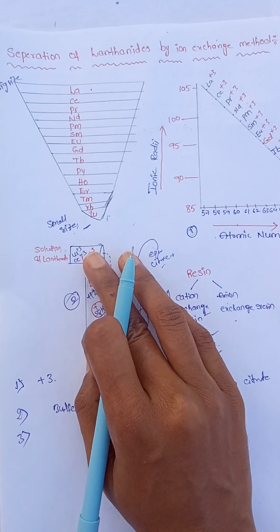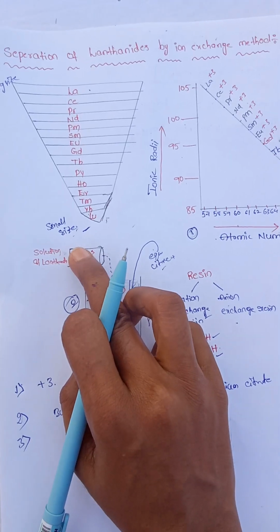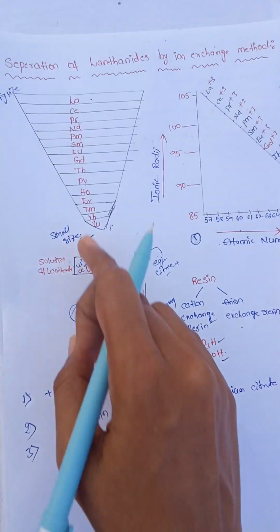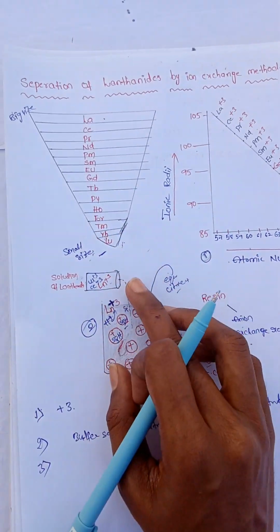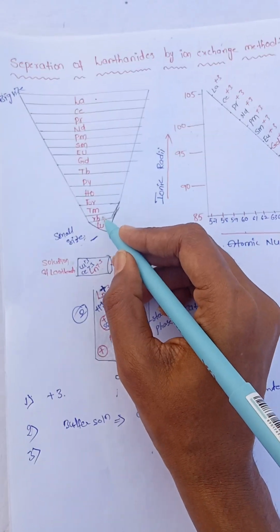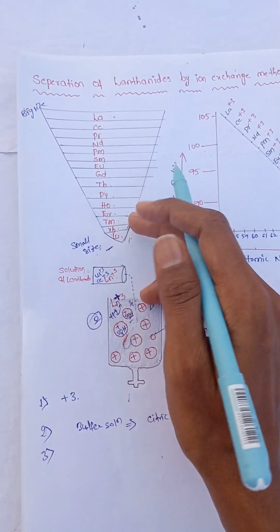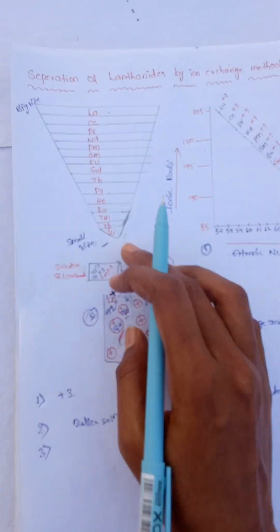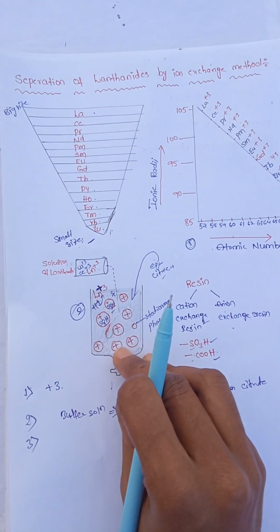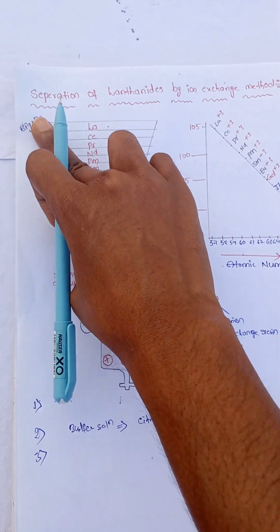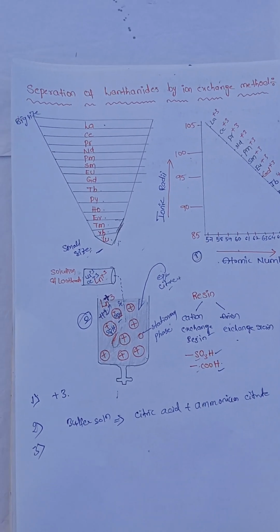By the correct choice of conditions, lutetium emerges first from the column, followed by the cations ytterbium, erbium, holmium, dysprosium, terbium, like that. So we separate the smaller ions first and the big ions last.